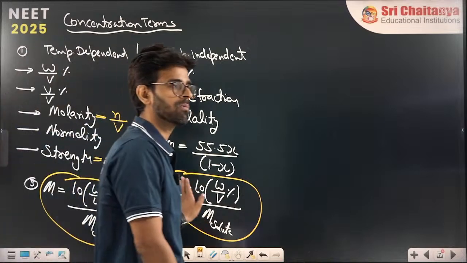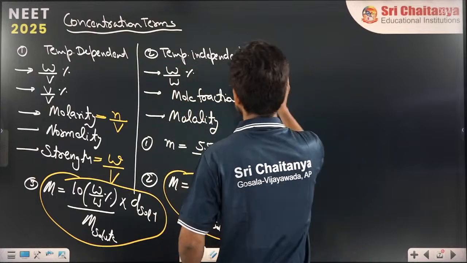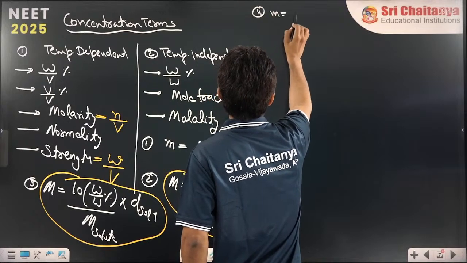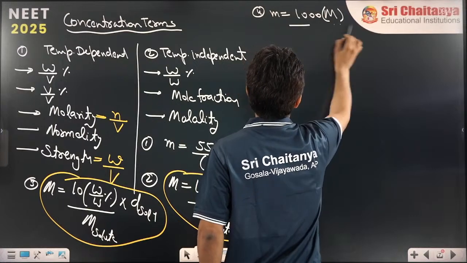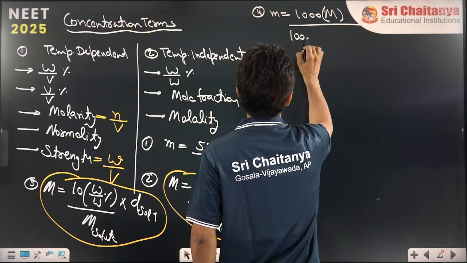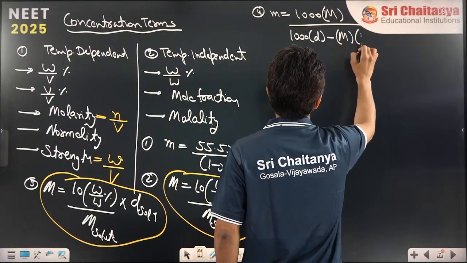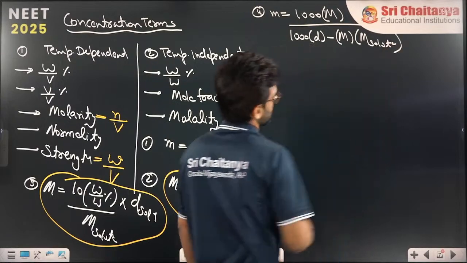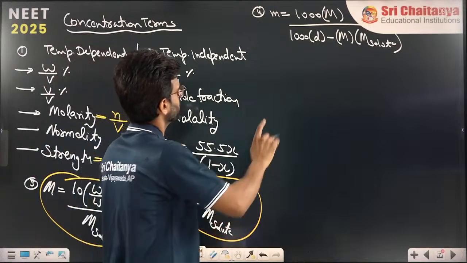These are very important formulas. Many times they come in use, right? And the next thing, the relation between molality and molarity: 1000 into molarity divided by 1000 into density of solution minus molarity into molar mass of solute, right? Easy? Clear? Okay, right.